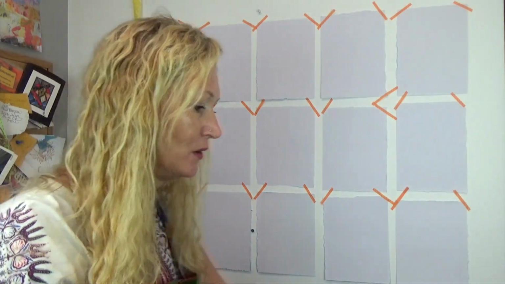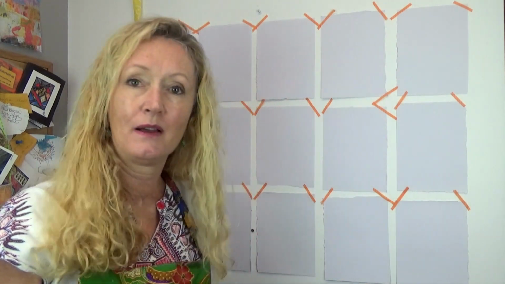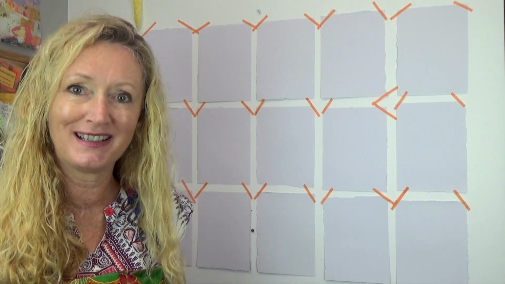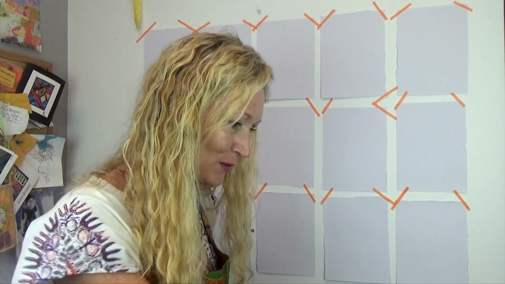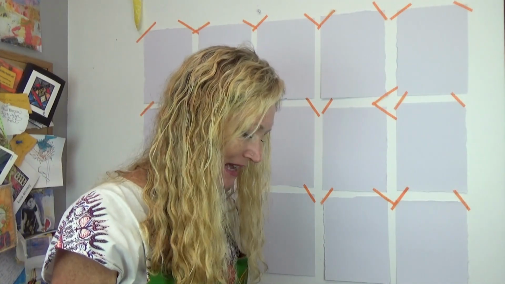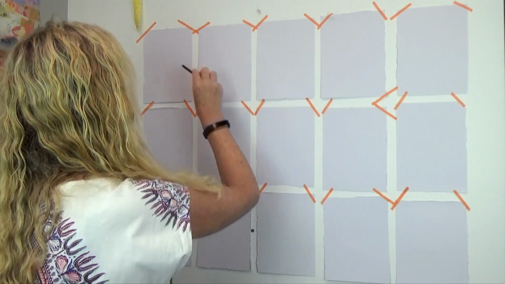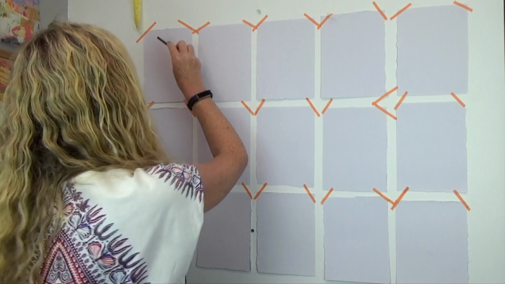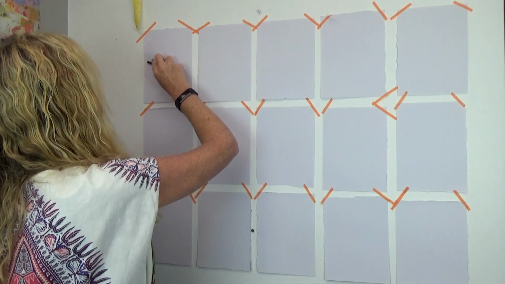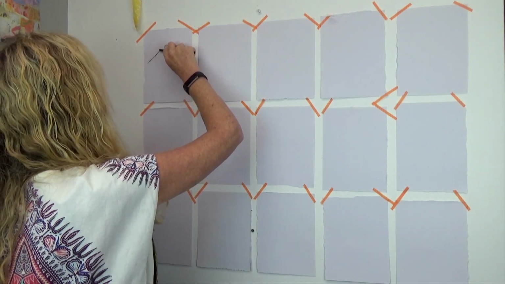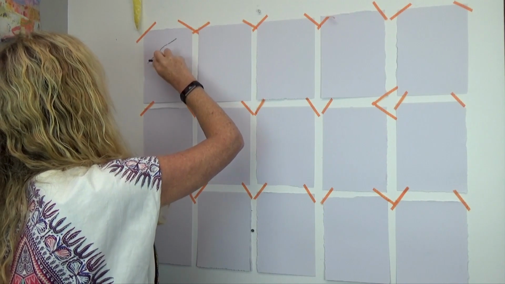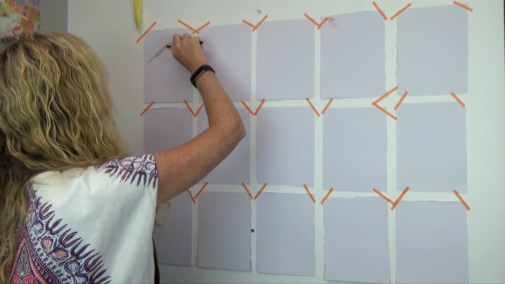So let's just take a look to get started, and I'm just going to pick one word, and the first word on my list is straight. And so I'm going to grab a piece of charcoal, and I'm just going to start at the far left and do a couple of straight lines.